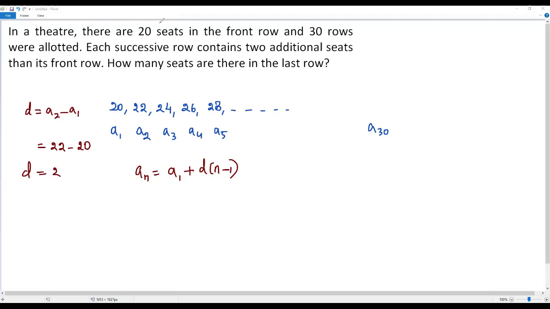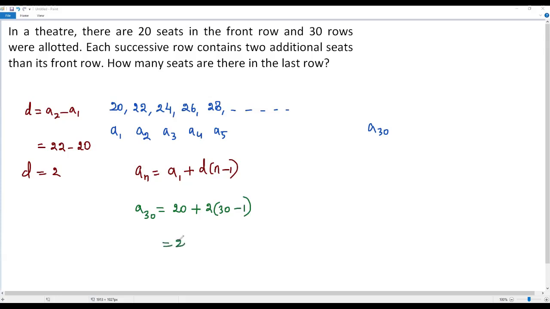Okay, our aim is to find A30. So for that, what we have to do is plug in 30 for n over here and also over here. Then I'm getting A30 equals, and already we know the value of A1, that is the first term, 20. We can plug in 20 for A1. And for d, the common difference, that is 2. Then for n, we have 30 minus 1.